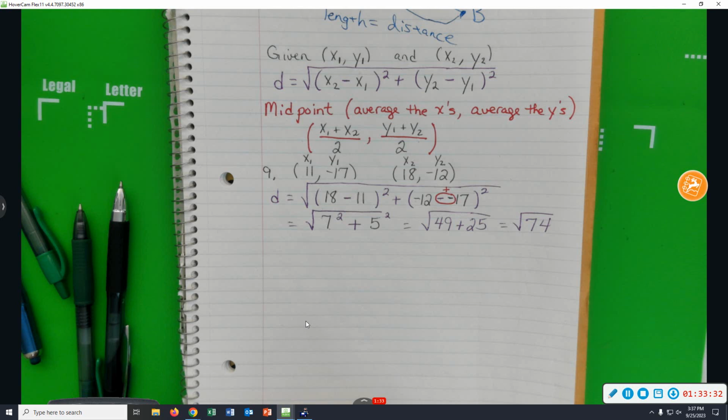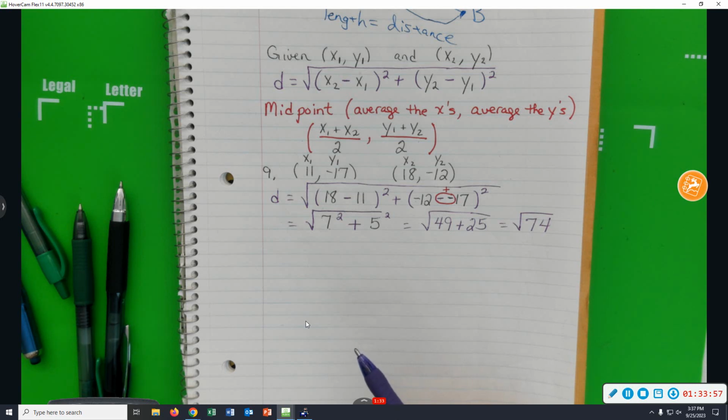Is 74 a perfect square? No. Is there a perfect square that divides evenly into it? It's a 2 and a 37, which are both prime. Does your calculator have one of those features where you can punch in square root of 74 and it'll simplify it, or does it just give a decimal?